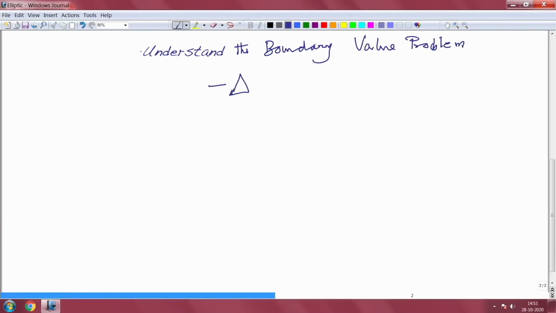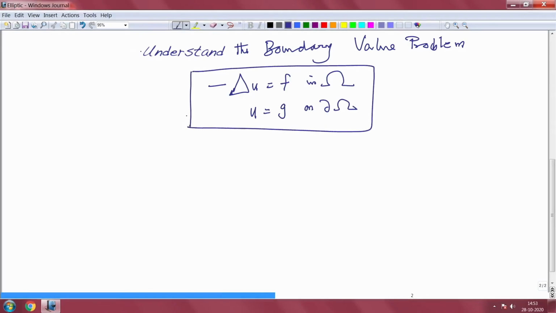Minus we use for some reasons, but you can also use it without minus, because minus Laplacian gives you the positive definite operator in some sense. So, let us not bother, and u equal to g on the boundary of omega. So, our aim is to understand this boundary value problem, or rather you want to understand the solvability. It is not an easy thing.